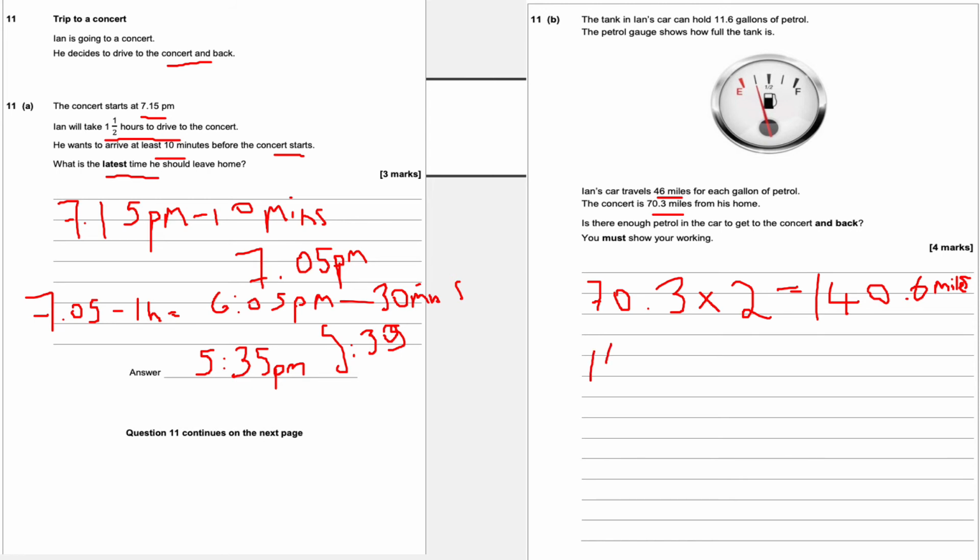So if I do 140.6 divided by 46, that is going to tell me how many gallons are going to be needed for his journey there and back from the concert.